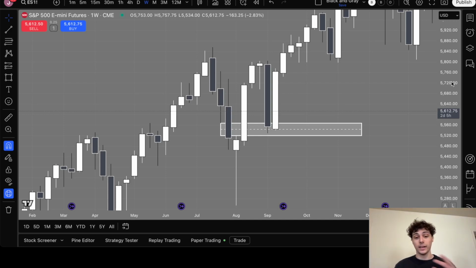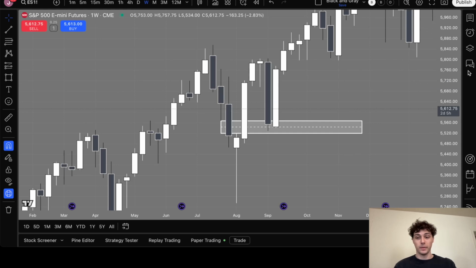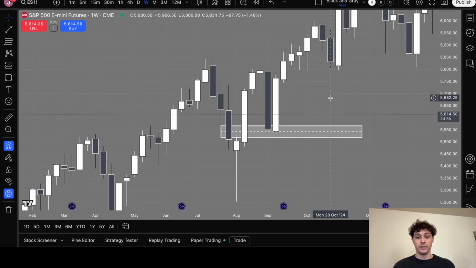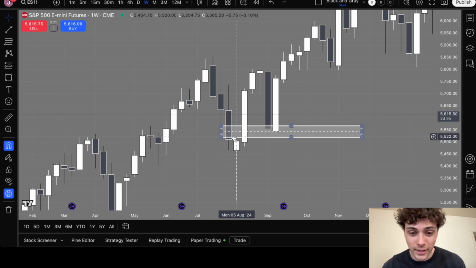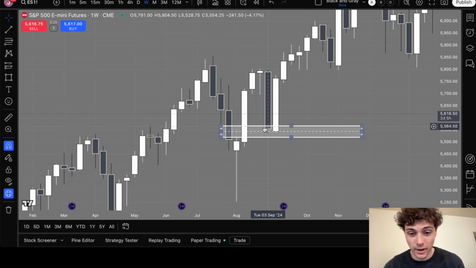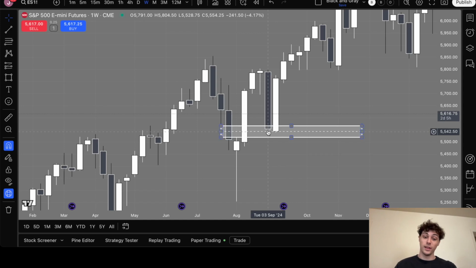It's when they're intertwined, when they shouldn't be intertwined, and not good. Anyways, fair value gap gets inversed, BPR, price goes back into the BPR, goes up.